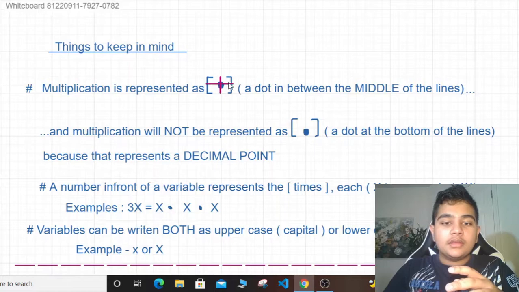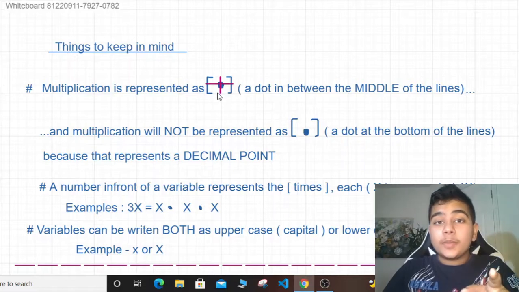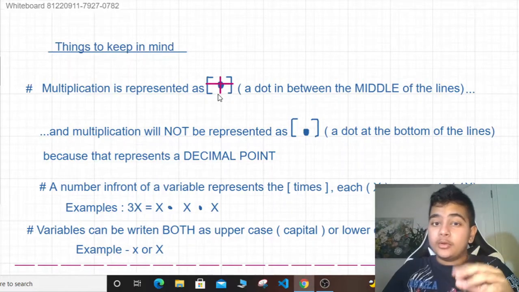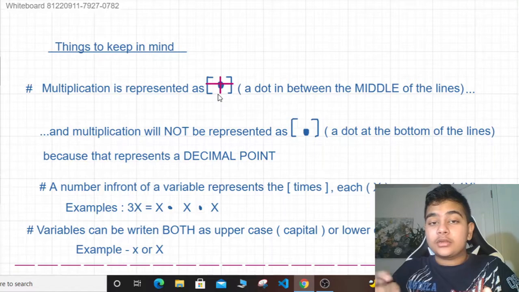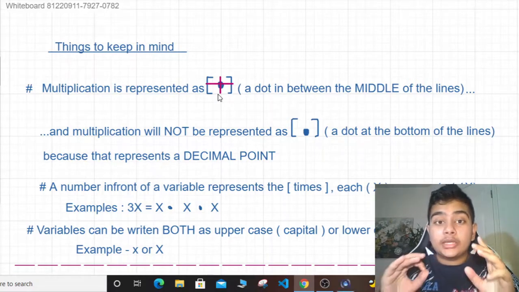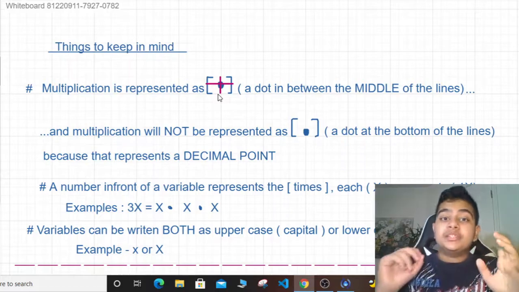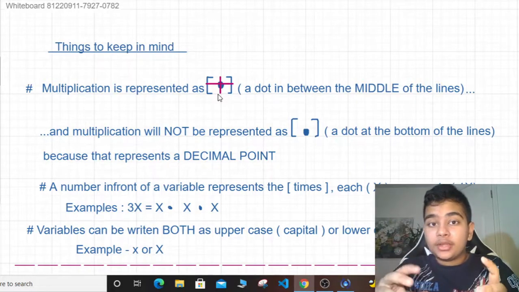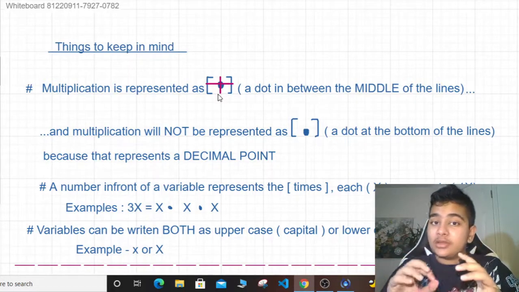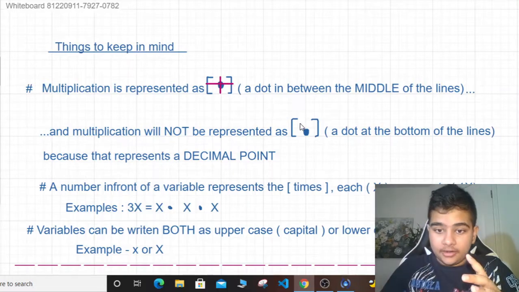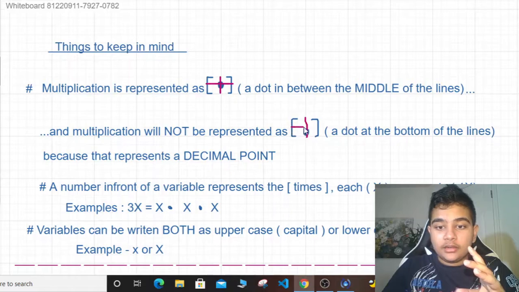You can see my line's a bit up, but the dot is in the middle, and it's not represented as a dot at the bottom, which sometimes you can get confused about. When you're writing a math problem or a solution, if you're using a decimal point, make it obvious that it's on the bottom of the line, like here. I'll draw the coordinate plane so it's easier to tell.